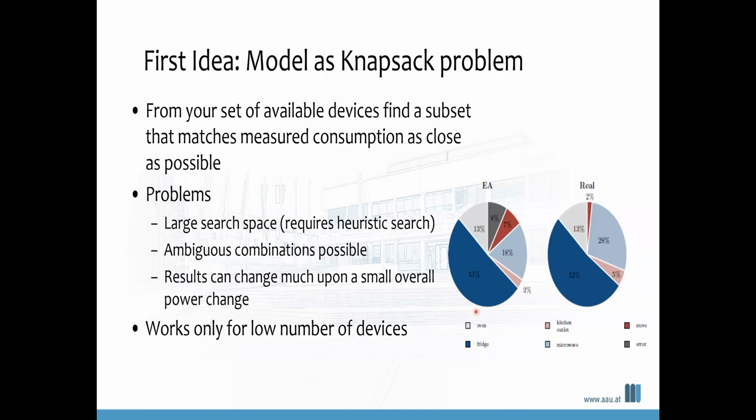The problem is, first, if you have many devices, it's a significantly large search space, which might require a heuristic search approach. And even more significant problems are that there can be ambiguous combinations. Like, for example, if you have one device with 150 watt and another one with 50 watt and another one with 200 watt, if you measure 200 watts, it's impossible to say if it was the 150 plus 50 or it was the one with 200.